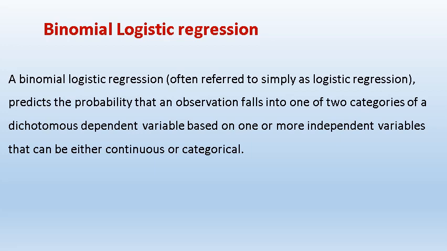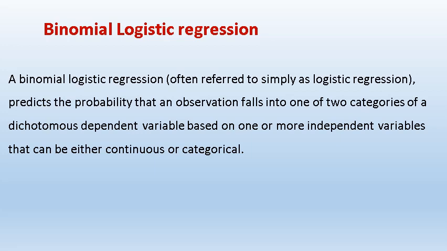Binomial logistic regression, often referred to as logistic regression, predicts the probability that an observation falls into one of two categories of a dichotomous dependent variable based on one or more independent variables that can be either continuous or categorical.